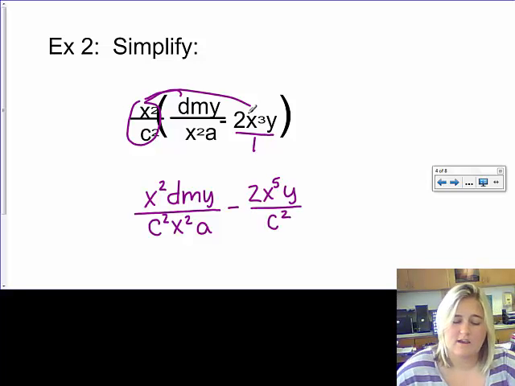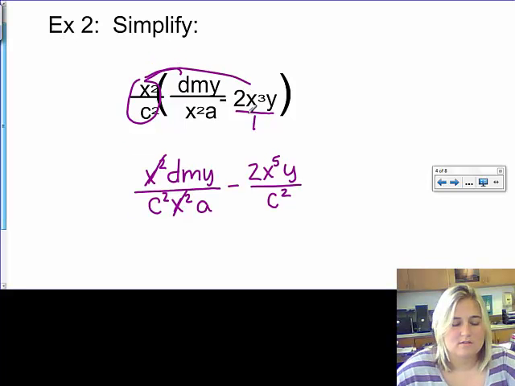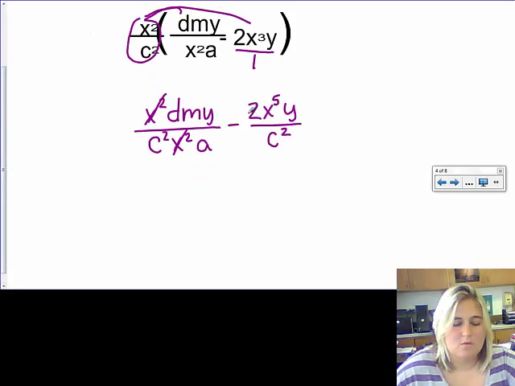Now at this point, I am not completely finished because although I do not have any negative exponents, I do end up with this x squared over x squared, which I know will cancel. So I have to cancel those. I know they cancel to a 1, but I don't have to show an understood 1.